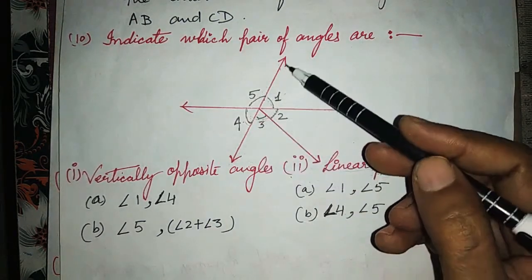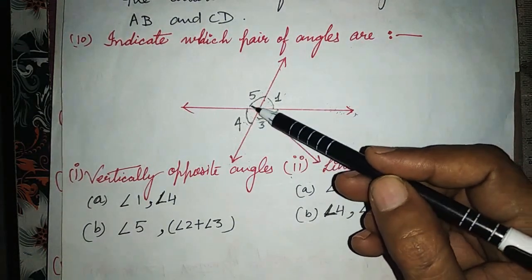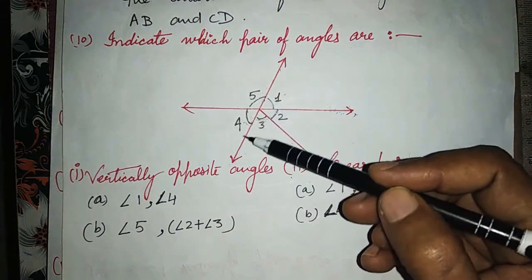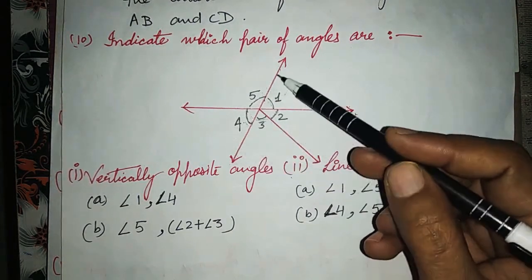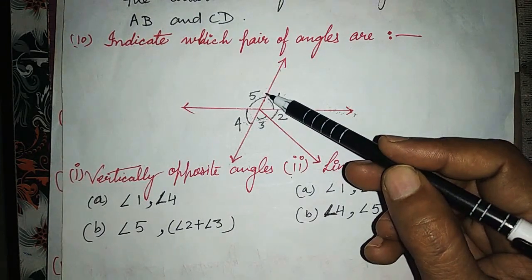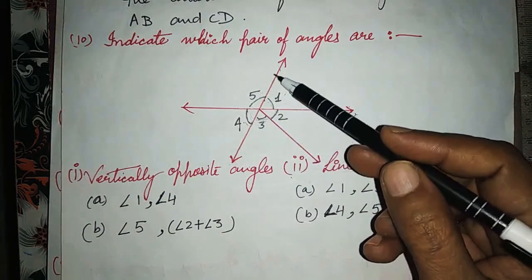On this straight line you can see angle 4 and angle 5. Angle 4 and 5 also form on a straight line, so their sum is also equal to 180 degrees. So they are also forming a linear pair.